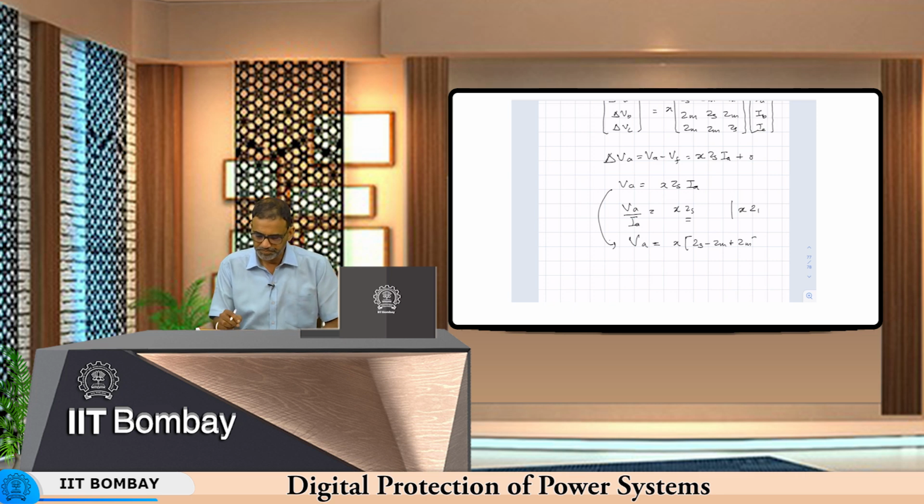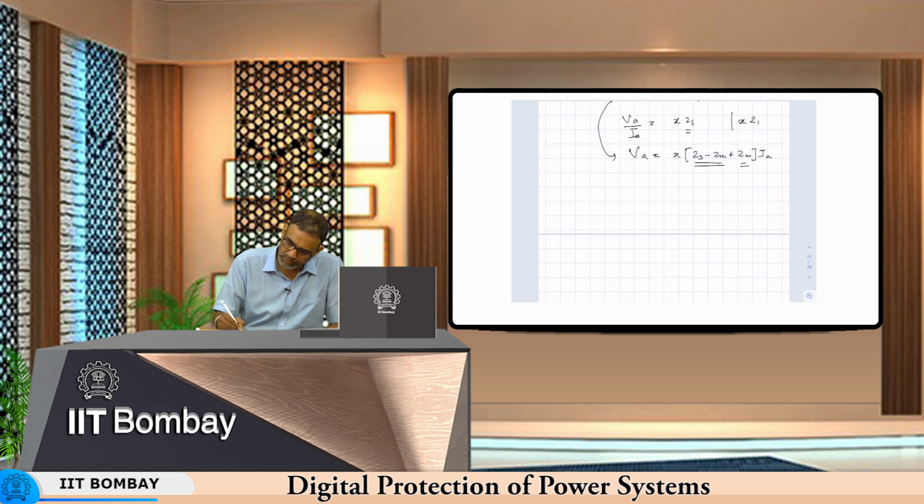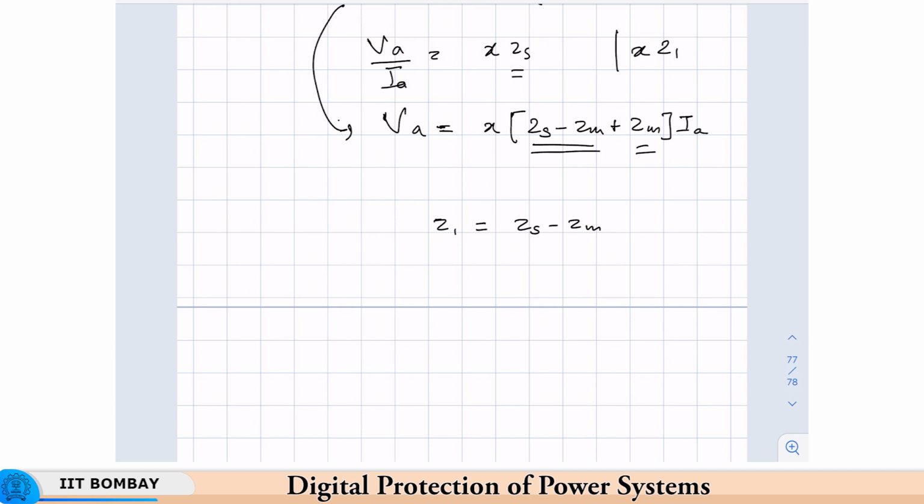Now if I were to subtract the first equation from the second equation, then I'll get Z0 minus Z1 is equal to 3Zm, or Zm is equal to (Z0 minus Z1) upon 3.